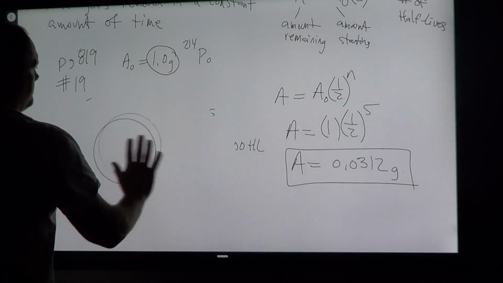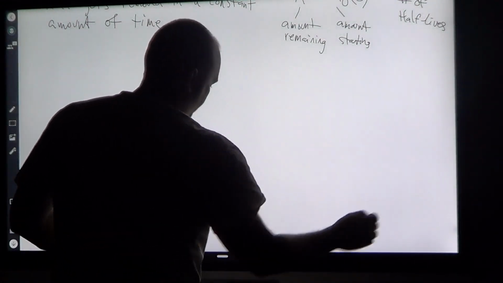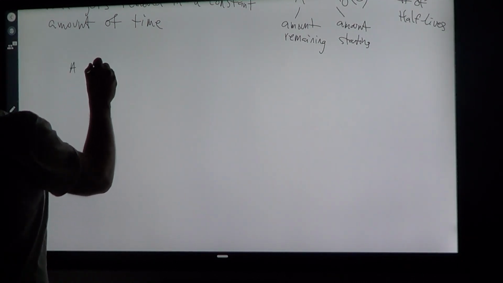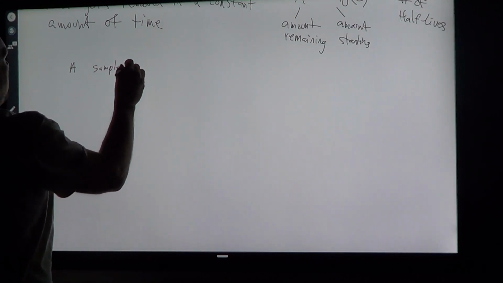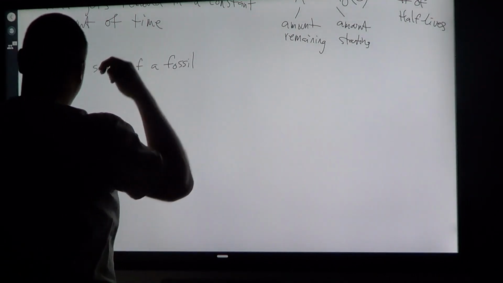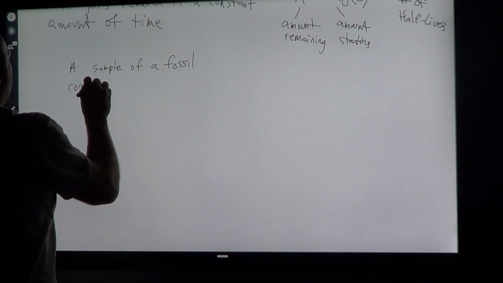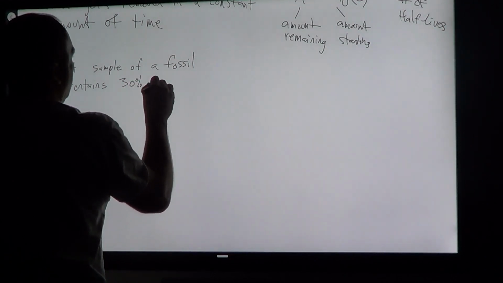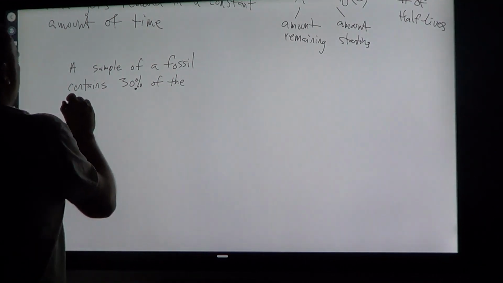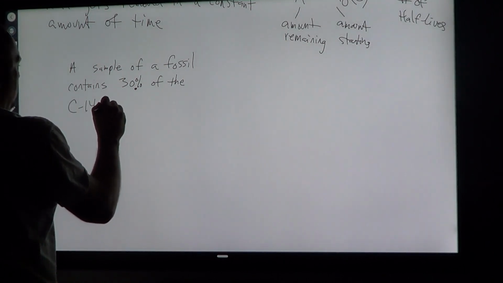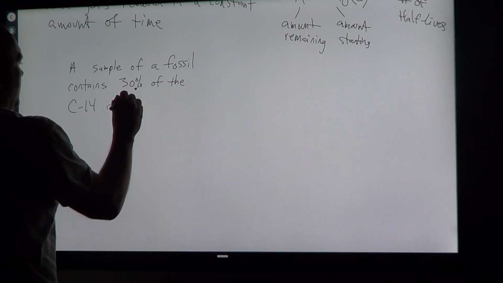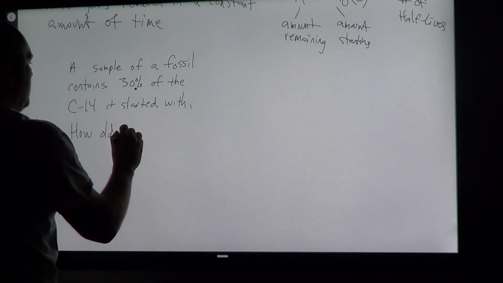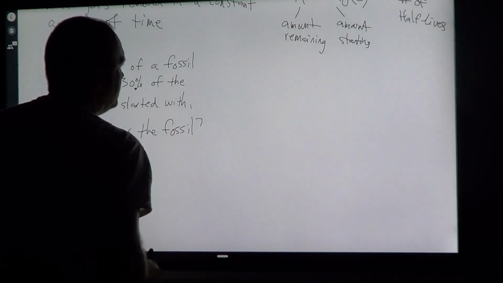And so what happens is, a question that you would see like that would be, let's see, a sample of a fossil contains 30% of the carbon-14 it started with. How old is the fossil? Okay.